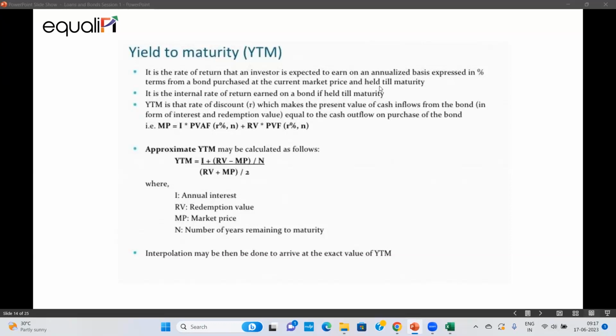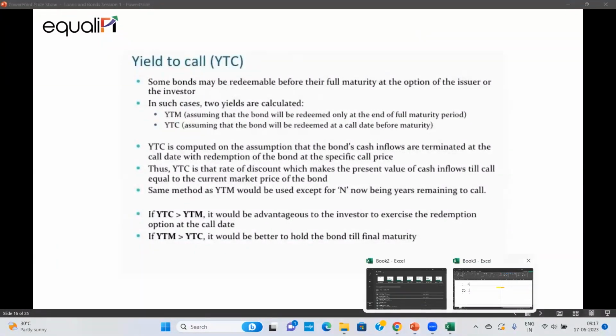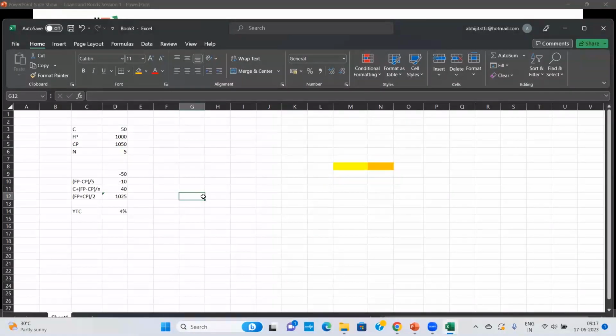Understand one thing: when a bond or any instrument trades at a premium, there is a simple concept. One is my market value, one is my face value. If my face value is greater than my market value, then it is trading at a discount. If my face value equals my market value, then it is at par. If my market value is greater than my face value, then it is trading at a premium.